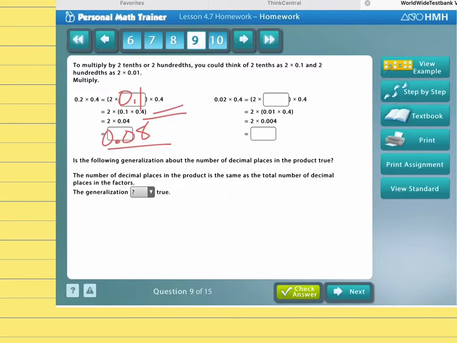Same problem over here. 2 times 1/100 is the same as 2 hundredths times 4/10, which is the same as 2 times 4 thousandths, which is the same as 0.008. So the number of decimal places in the product is the same as the number of decimal places in the factors. This generalization is true.